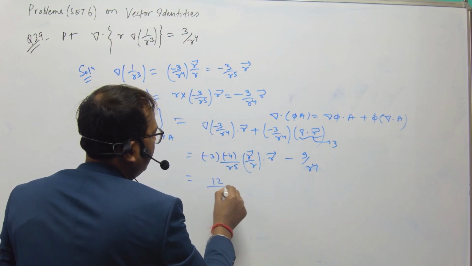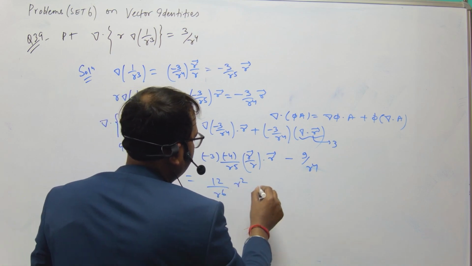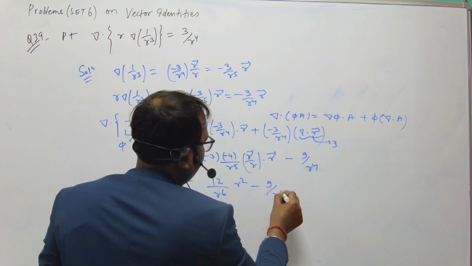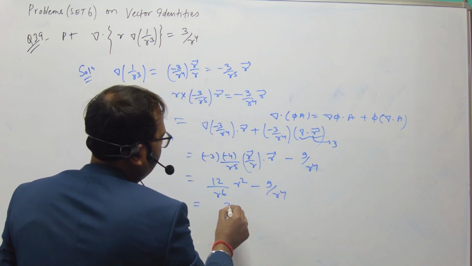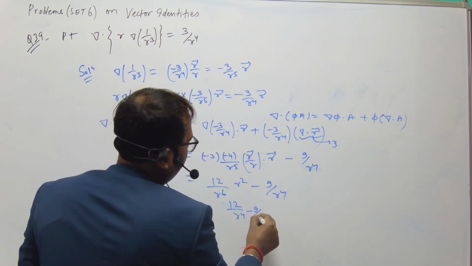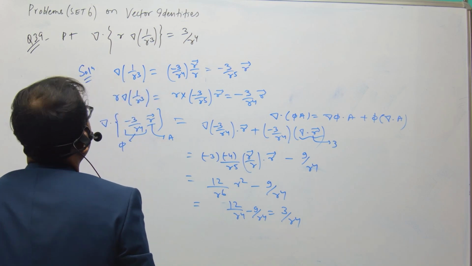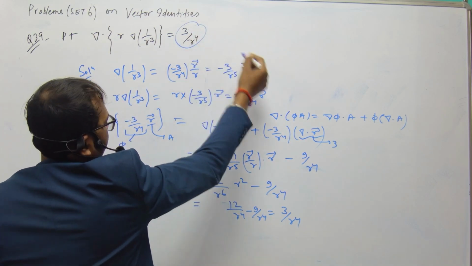Equal to 12 upon r to the power 6 into r square minus 9 upon r4, equal to 12 upon r4 minus 9 upon r4, that is 3 upon r4. Okay, this is 3 upon r4 that we have to prove.